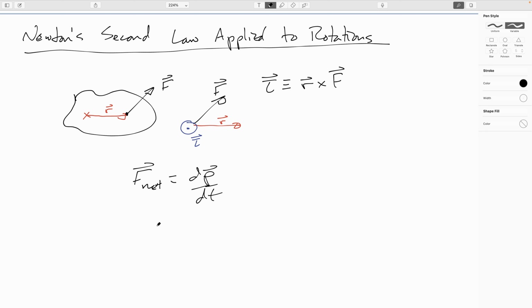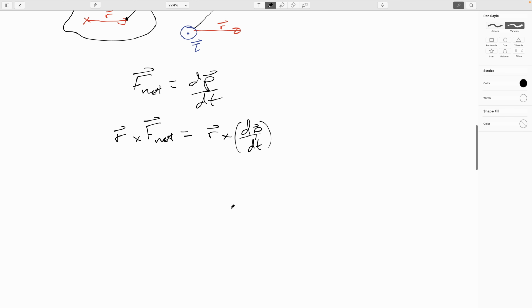Now, it will be equally true that if I cross r into both sides, that's still going to be a true thing. So I will have r cross F net. That will equal r crossed into dp/dt. So on the left-hand side here, I'm going to go ahead and say, oh, gee, that sure sounds like the net torque. And it totally is.